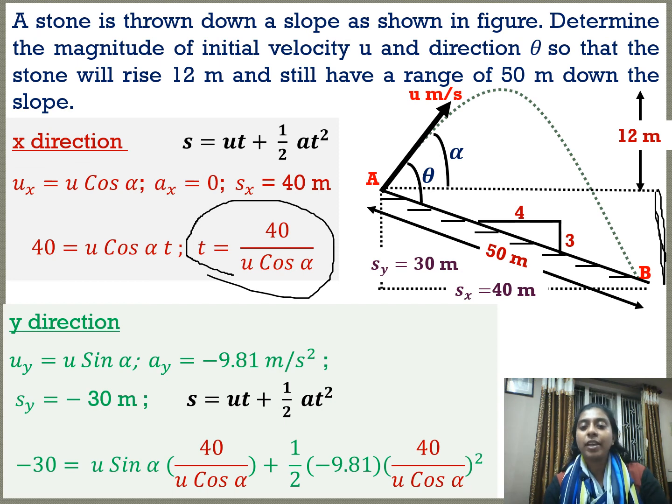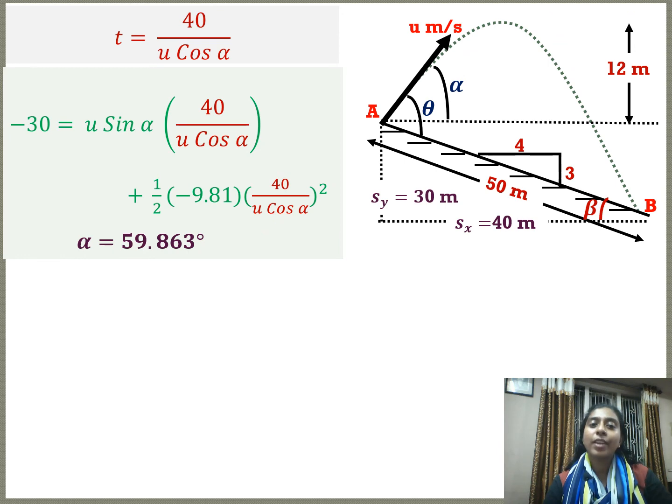T is 40 by u cos alpha, the whole square. So substituting t, the only unknown is alpha, we get alpha is equal to 59.863 degrees.